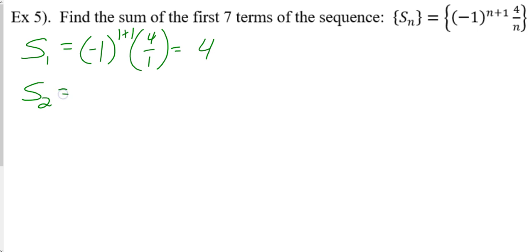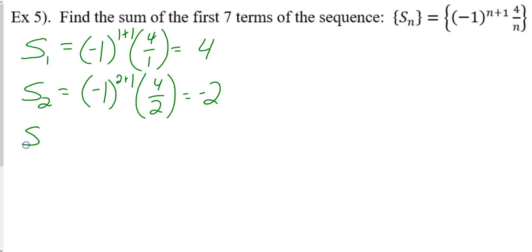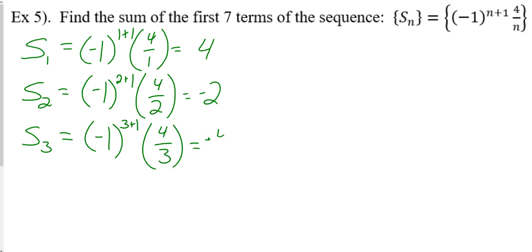S sub 2, so I'd plug in 2. Would be -1 times 2, which is -2. S sub 3 is -1 to the power of 3 plus 1 over 4 times 4 over 3, which would be positive 4/3.